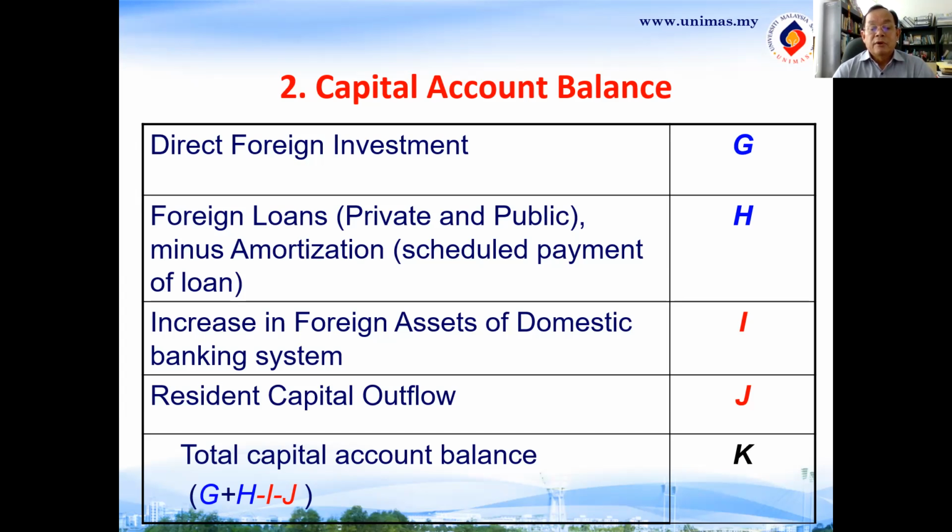For example, we now have a few foreign banks in the country, like Hong Kong Shanghai Bank, Standard Chartered Bank, Arab Malaysian Credit, and Citibank. Those are private. Not only are they private, but also foreign-owned banks.